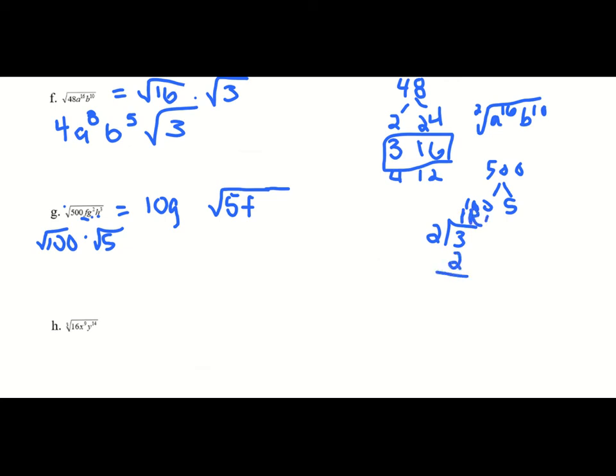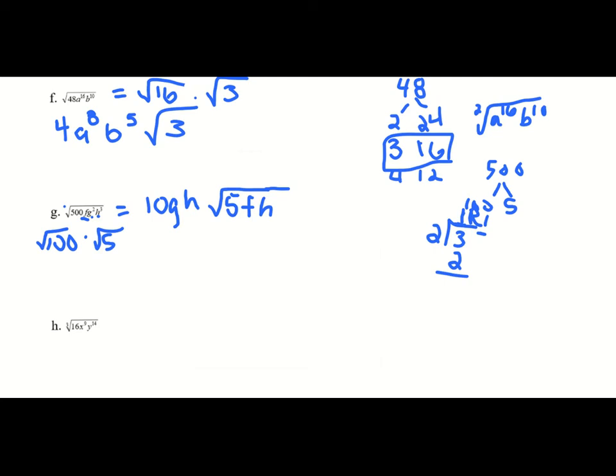That means I'm going to have 1 h on the outside and 1 h on the inside, because I pulled out 1 group of 2, and then I have 1 left over. Again, 1 group of 2 goes on the outside, your whole number. Your remainder is how many h's you would have on the inside. So our final answer here would be 10gh square root 5fh.